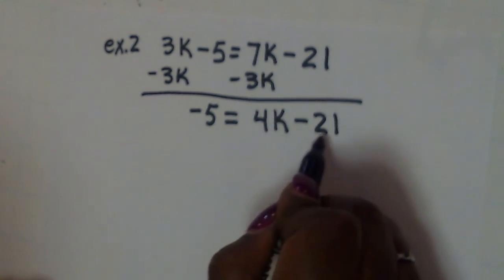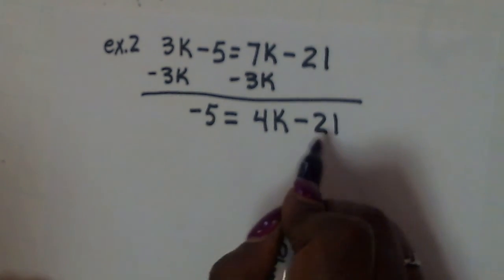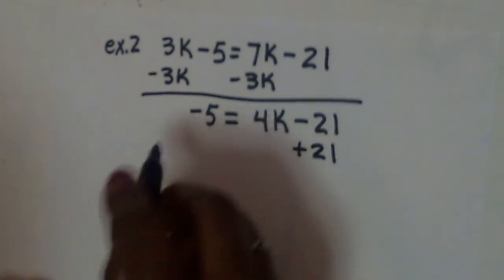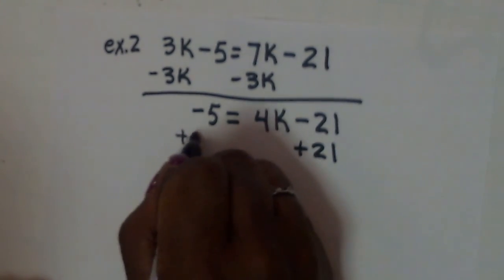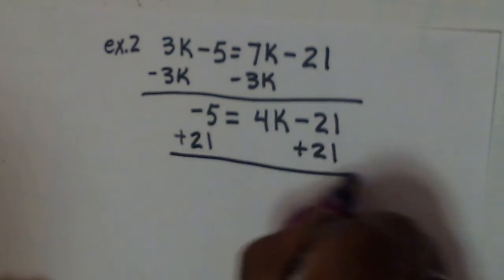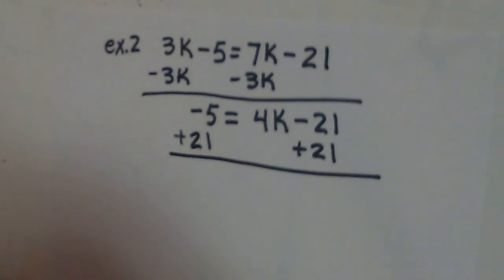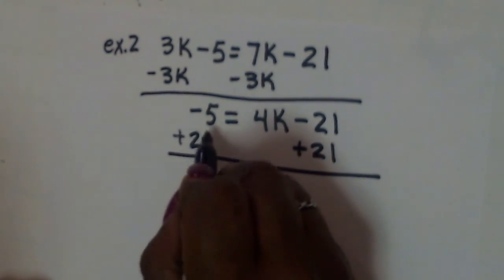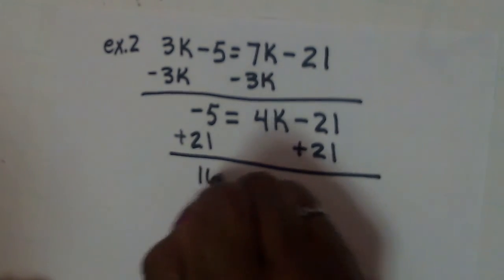Now here it's asking us to subtract 21, so I'm going to add 21. I want to move the number without the variable first. And remember, you have to do it on both sides of the equal sign. So on this side, I get 21 minus 5, which gives me 16.